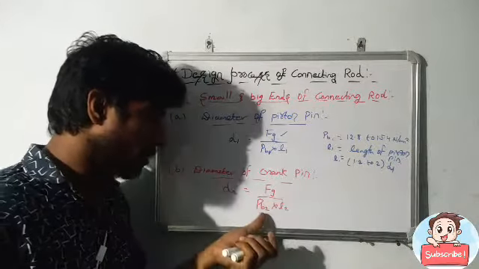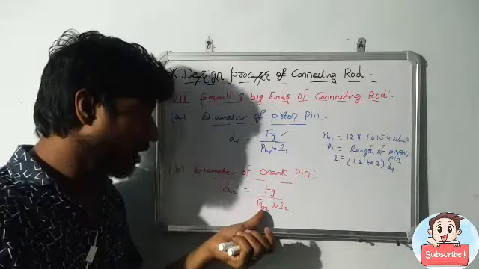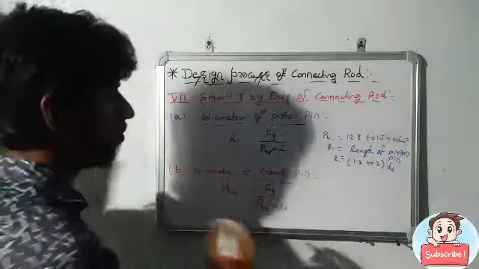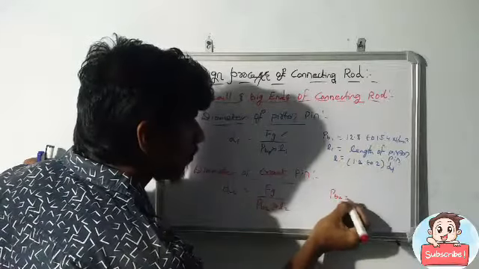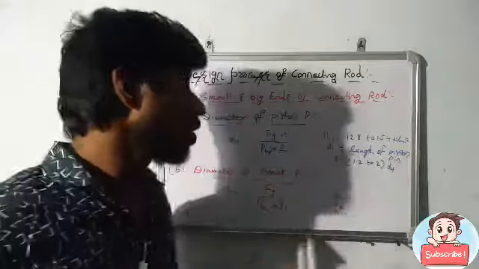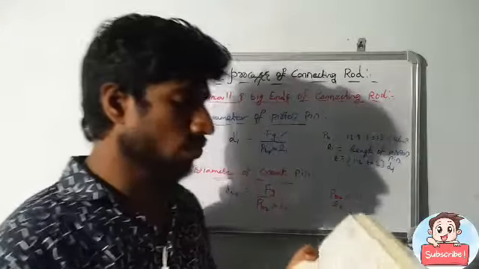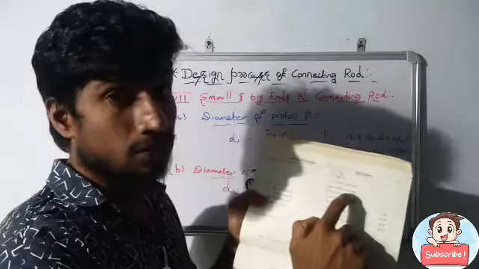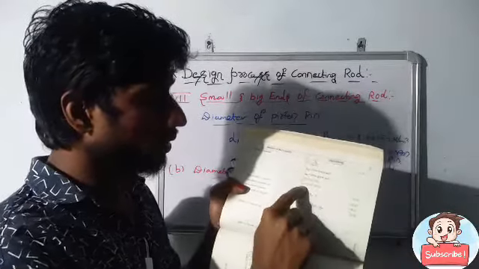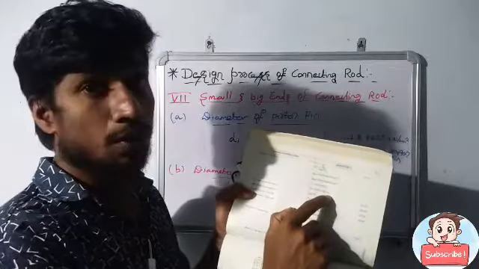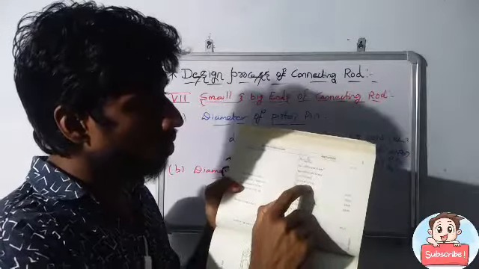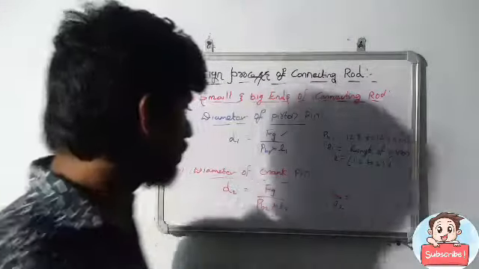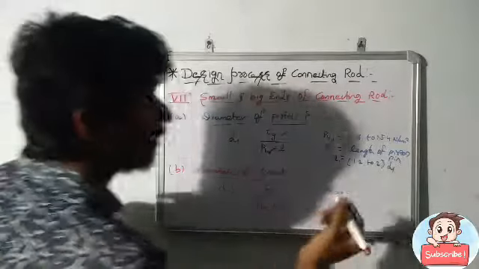Here we know Fg, and Pb2 is the bearing pressure on the crank pin, and L2 is the length of the crank pin. These two are also assumed values. Let us use the design data book. Pb2 is 10.8 to 12.6 Newton per mm square, and L2 equals 1 to 1.25 times D2. So these are the values for the diameter of the crank pin.